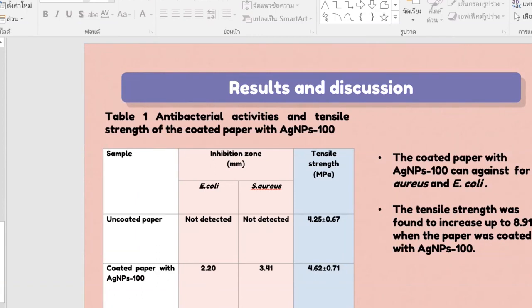Furthermore, when you consider the tensile strength, you will find that after coating with silver nanoparticles, tensile strength improved by around 8%, and the tensile strength of about 4.62 can be compared to other kinds of packaging paper.